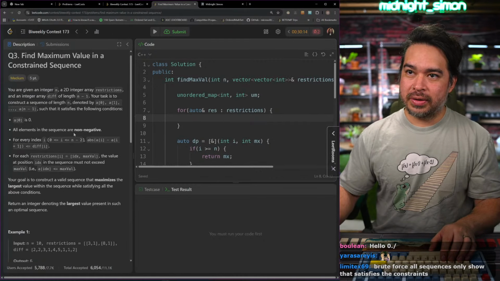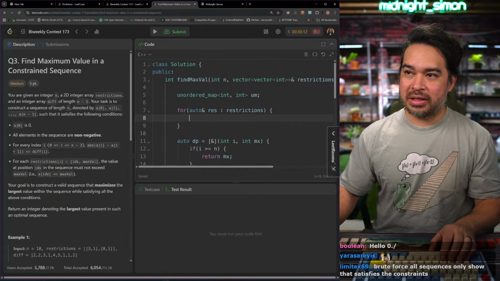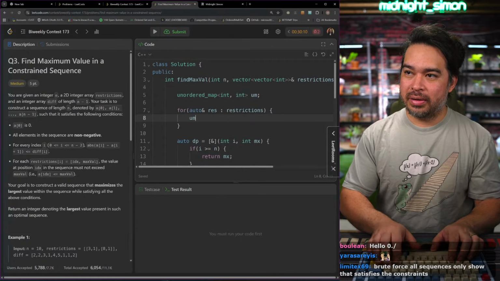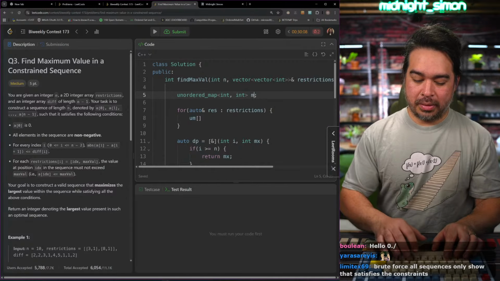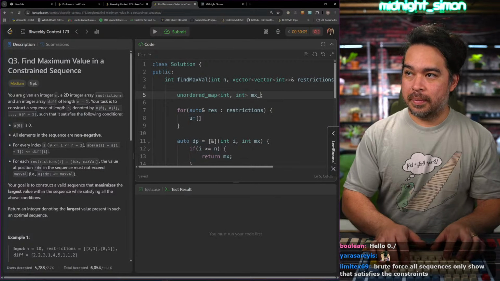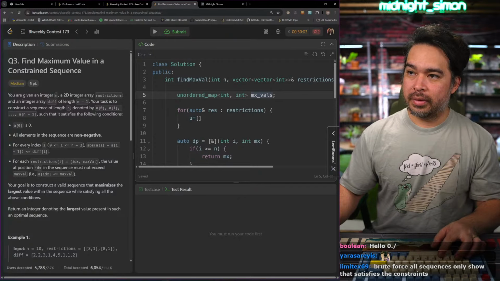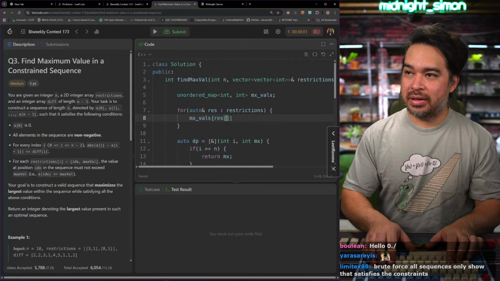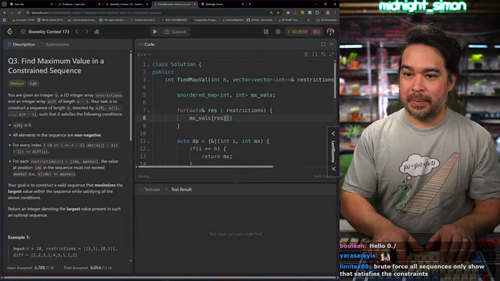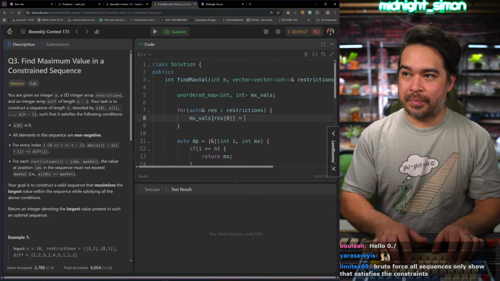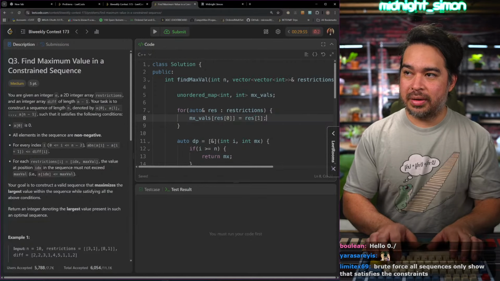So the restrictions are index and the max values. So I'm gonna say the max vals at there is equal to that.